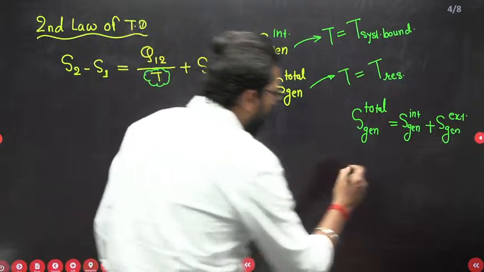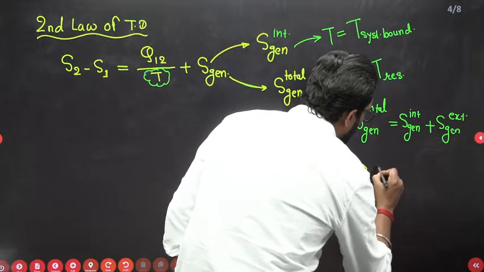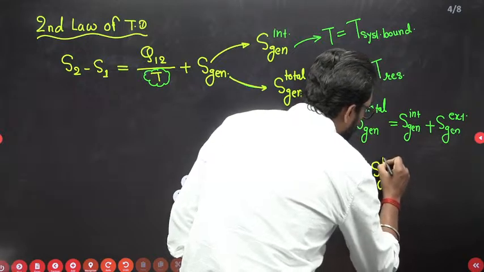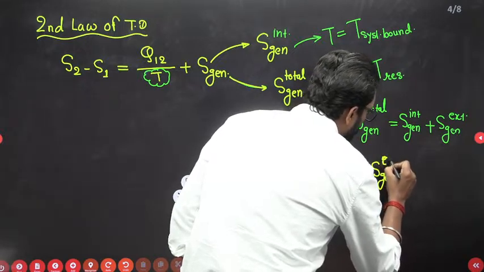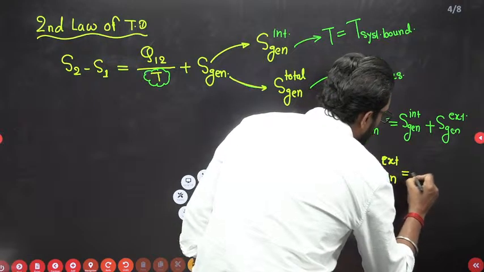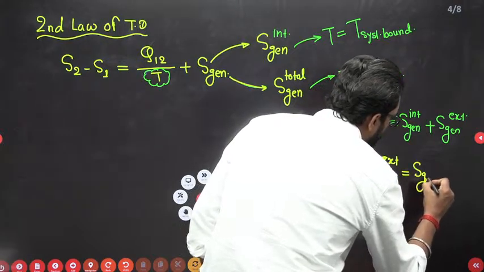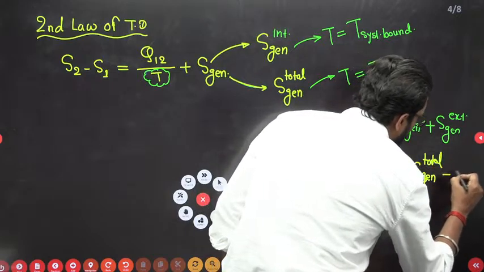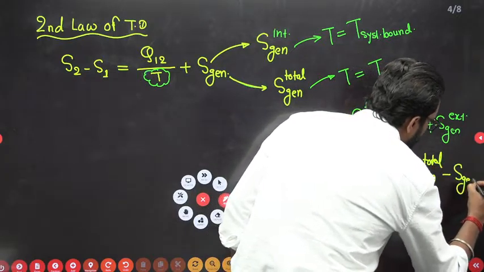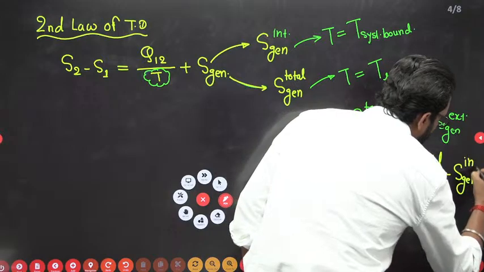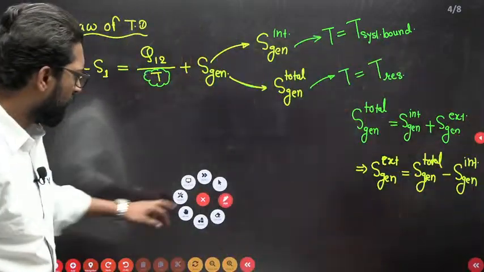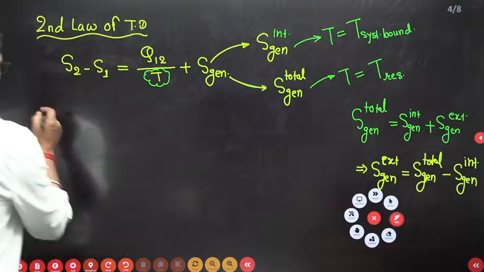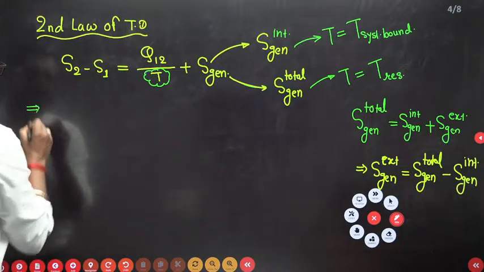So from here you can easily find the S generation due to external: S generation total minus S generation internal. Okay?